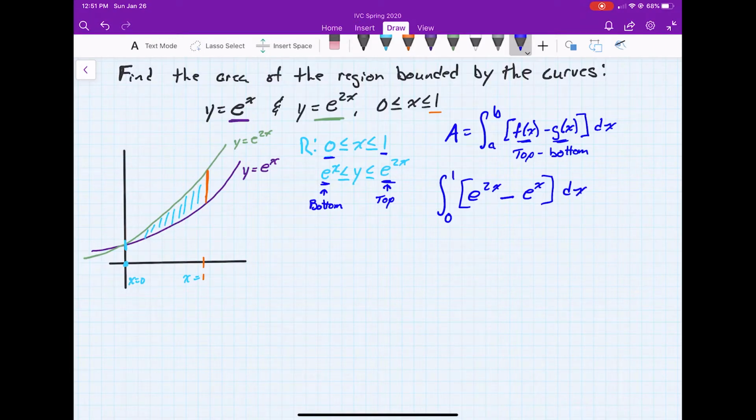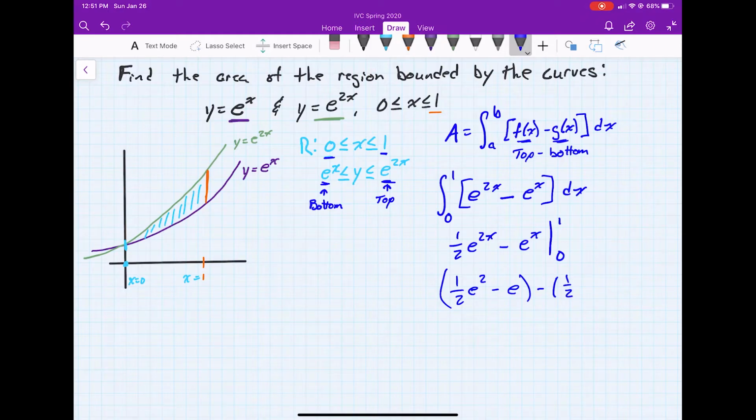Now if we take the integral, we are going to end up with 1/2 e to the 2x minus e to the x. The integral for e to the x is just e to the x, evaluated from 0 to 1. Now, of course, if we put in 1 for 1/2 e to the 2x, we get 1/2 e squared minus e to the first power, which would just be e, and then minus, I'll put brackets so we can see what's going on here.